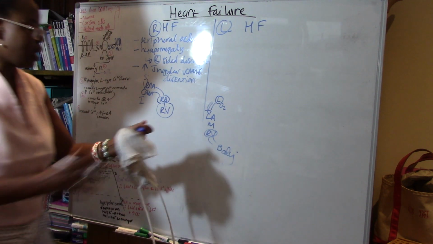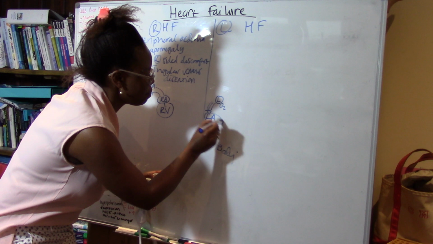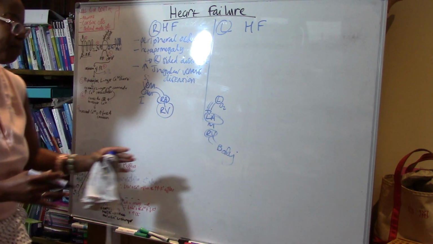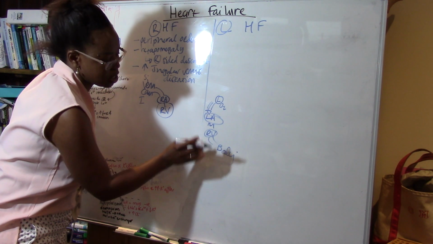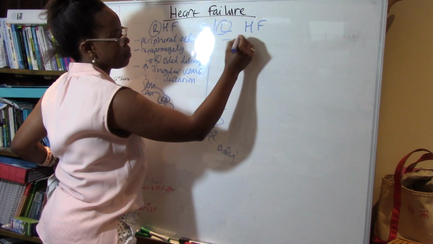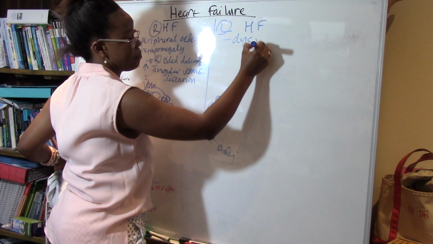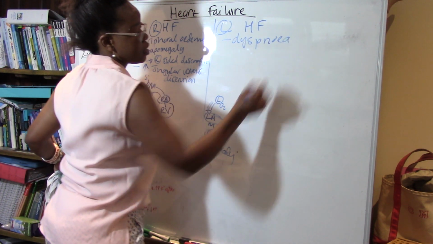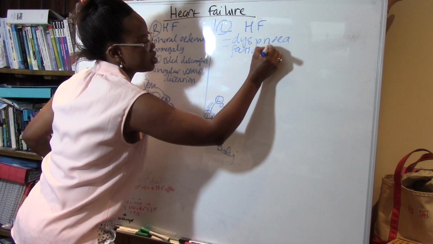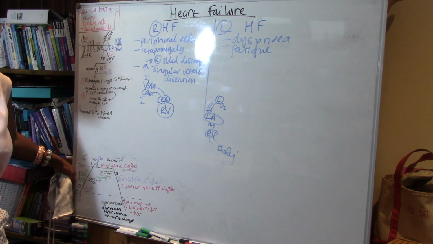So when this pump is failing, there are two things which are happening. The body will not receive its oxygen demand. So these patients will have dyspnea. They will feel fatigued because obviously they are not receiving enough oxygenated blood.